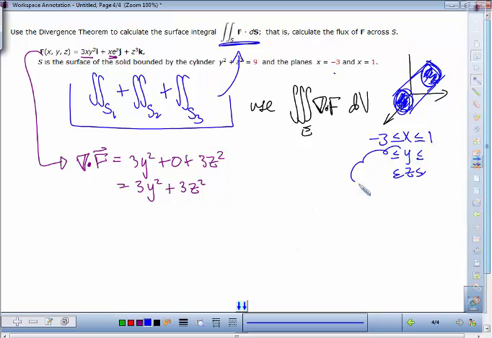But for the y and the z, if you look at the shadow this makes on the yz plane, it's a circle. Instead of figuring out the square roots of all that stuff, why don't I just say that on the yz plane you're dealing with a circle?